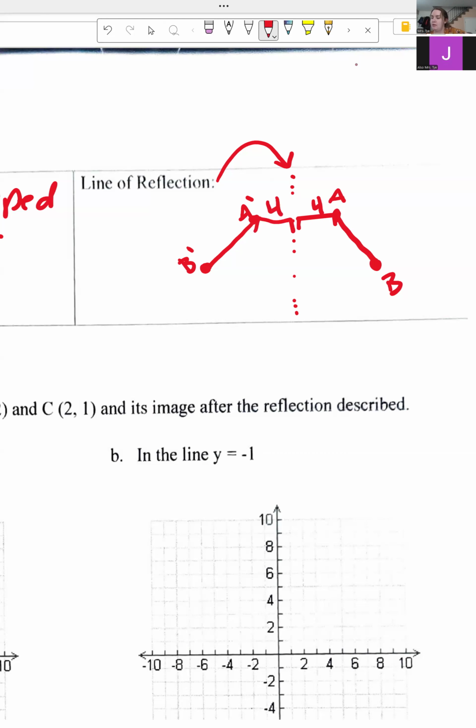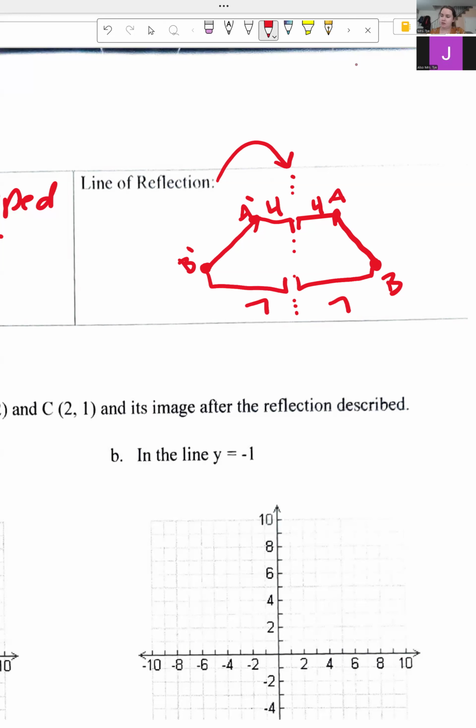Okay, and this line right here that we just drew, like obviously we're just eyeballing some things right now, but this would be perpendicular, meaning it creates a right angle from the line of reflection to this point. Okay, so we're not drawing some weird slanted line to get there. It's just 4 and 4. Let's say if this were 7 away, then this would also be 7 away. But again, just along that straight line, that perpendicular line, great.